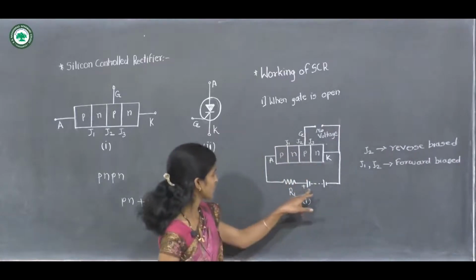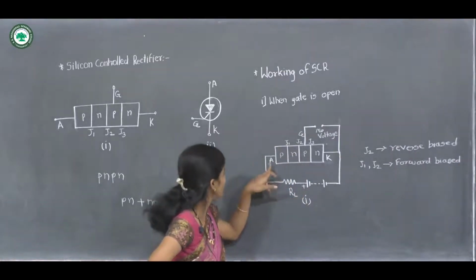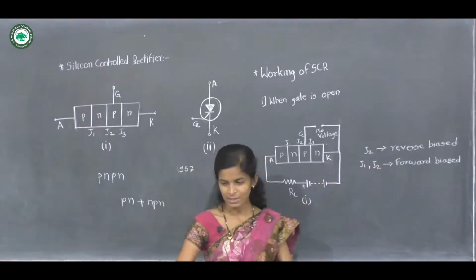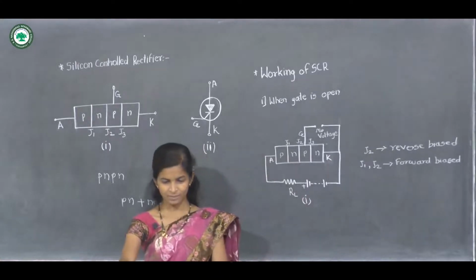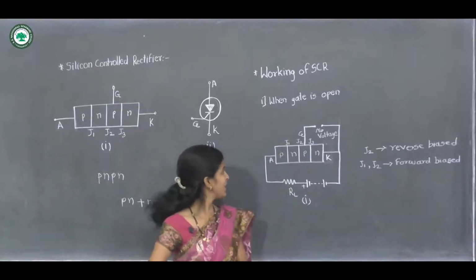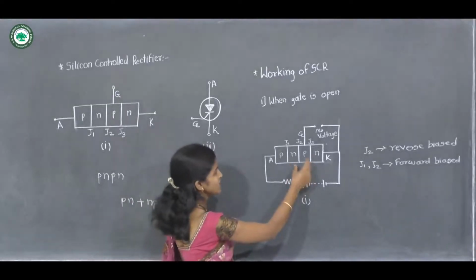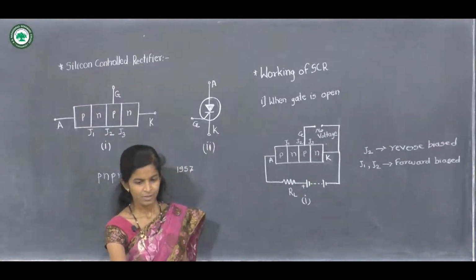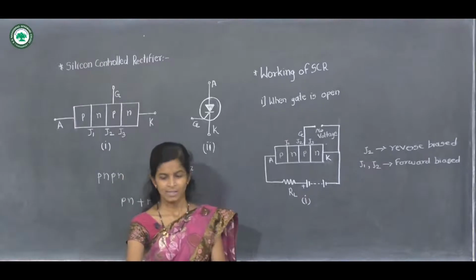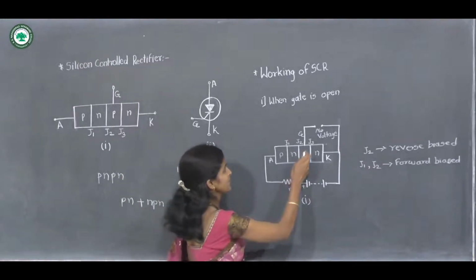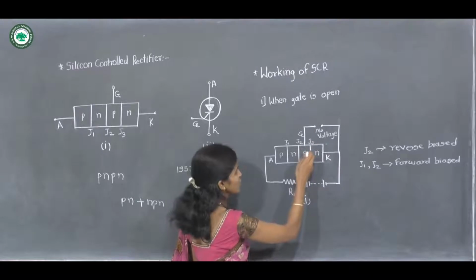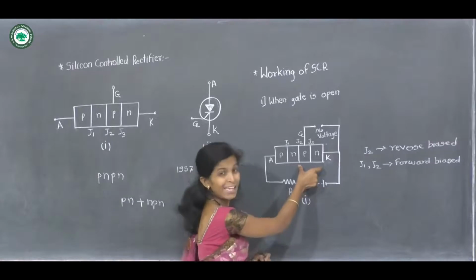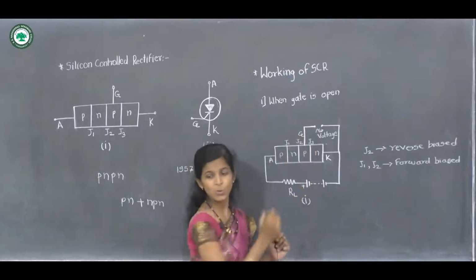When the positive terminal of the battery is connected to the anode terminal and negative terminal of the battery is connected to cathode terminal, in this case this region is visualized as NPN transistor, in which base is open. So as here gate terminal is open, or there is no voltage applied across gate and cathode, this region is visualized as the NPN transistor, in which base is open.